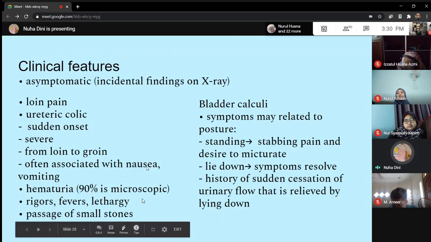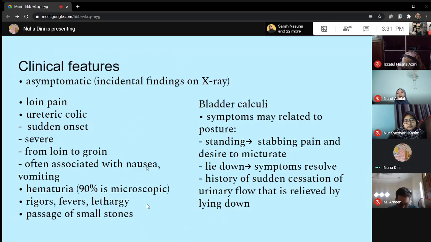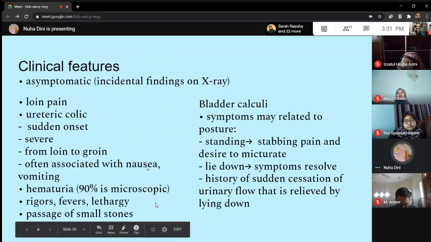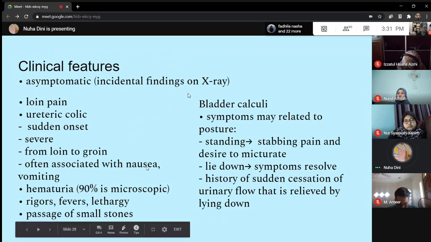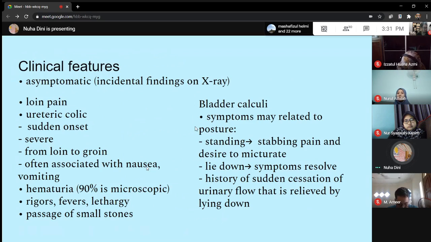Next, the patient may have rigors, fevers, or lethargy, which is suggestive of infection. The patient may have passage of small stones or sandy urine. Particularly for bladder calculi, the symptoms are related to posture.